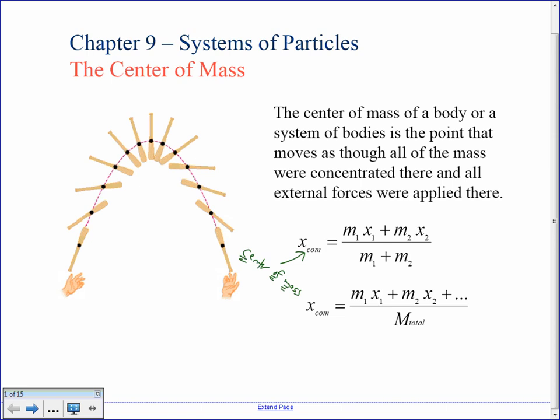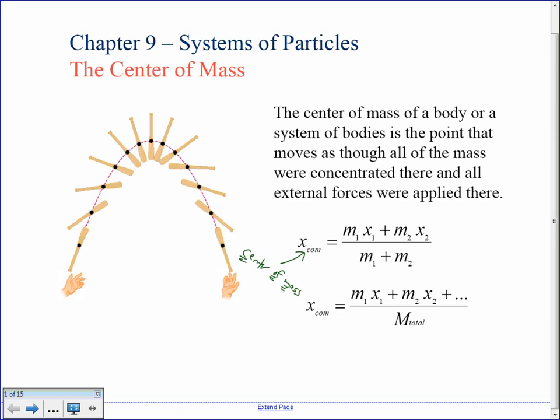If you have two objects, the way that you calculate the position of the center of mass is a weighted average of each of the masses with their positions. So if you have two masses, it would be the mass of the first object, m1, times its position, x1, plus the mass of the second object, m2, times its position, x2, and then you divide by the total mass.